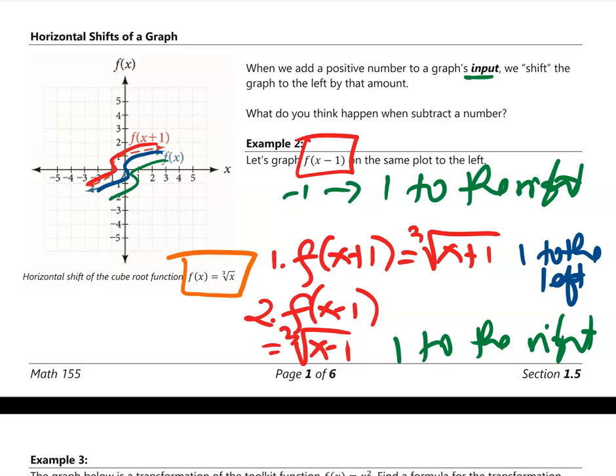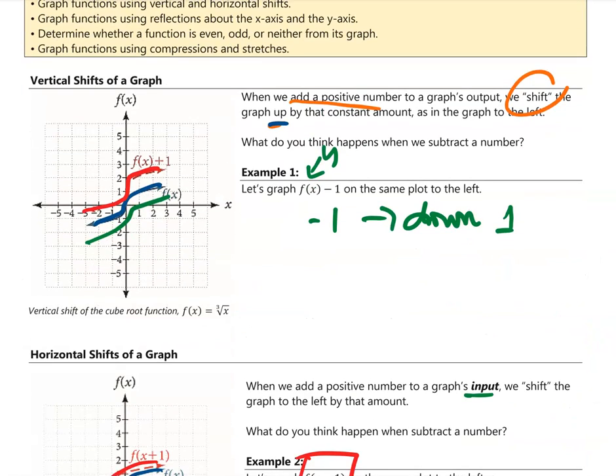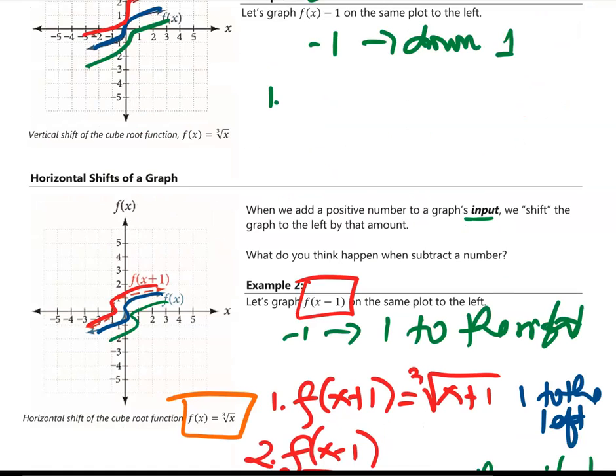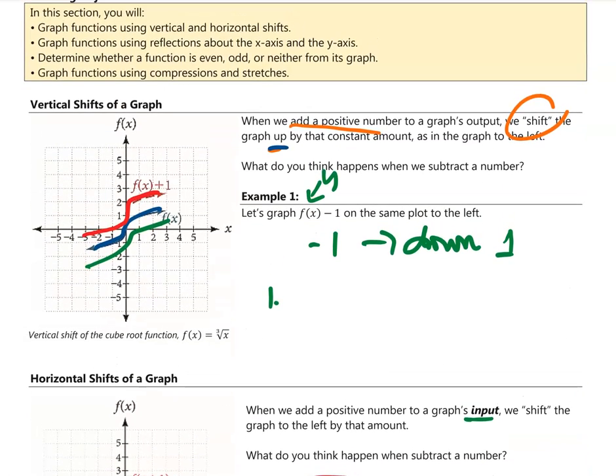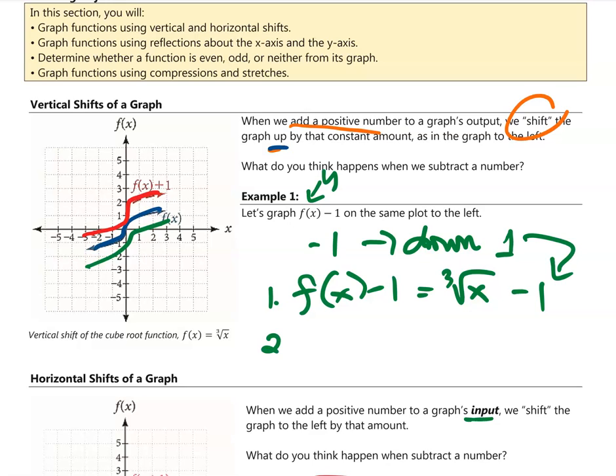You see, x plus 1, it's 1 to the left, x minus 1, 1 to the right. Just to do this again, the cube root of x minus 1 means down, and f of x plus 1, that is the cube root of x plus 1, means you go up by 1.